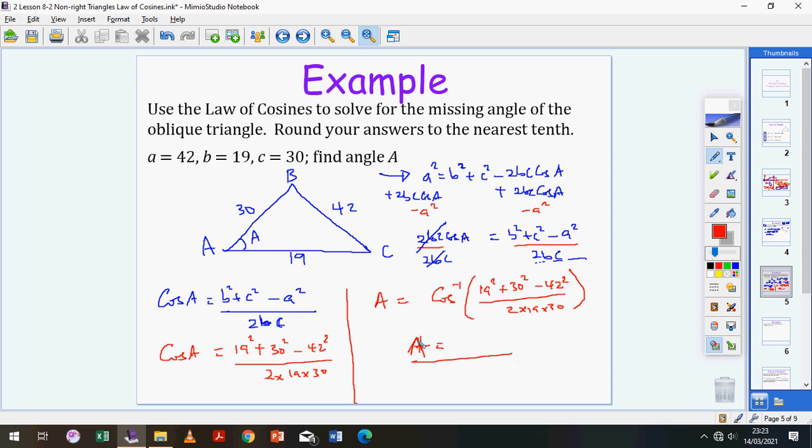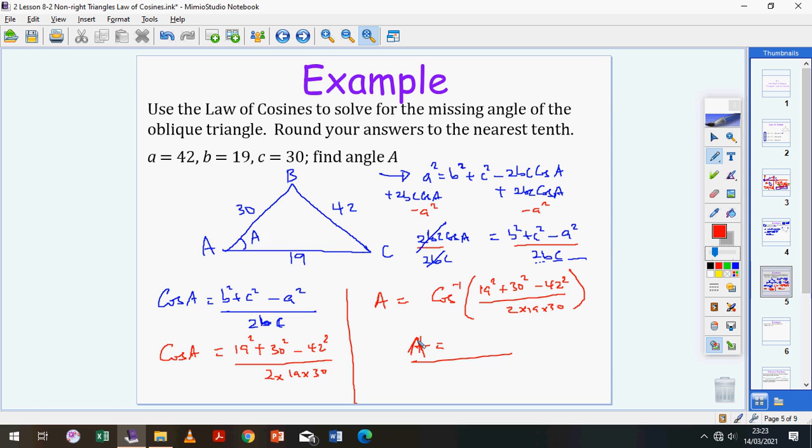When I put that in, I'm going to say shift, inverse cosine, open parenthesis, 19 squared. Or we just do it this way: first do the numerator alone, the denominator alone, then do the inverse cosine of the answer.